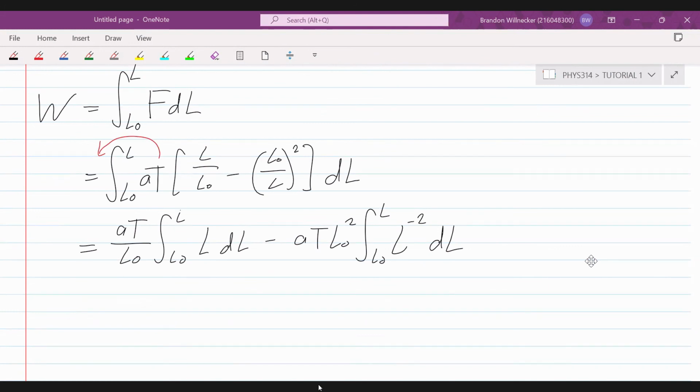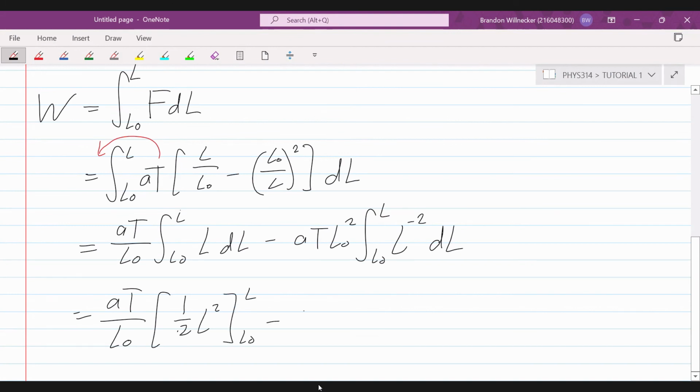Two simple integrals to do. So the first one, we can do AT over L naught. This is going to be 1/2 L squared from L naught to L, minus AT L naught squared, minus L to the minus 1 from L naught to L.